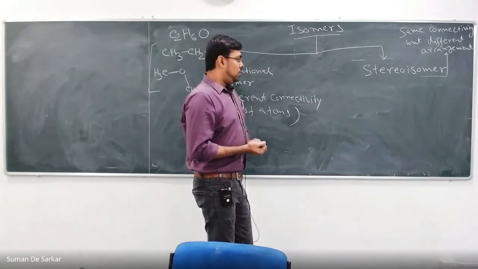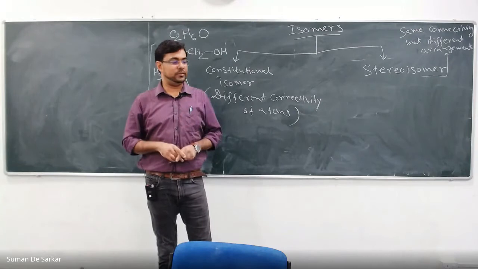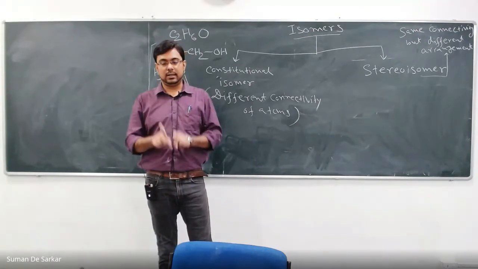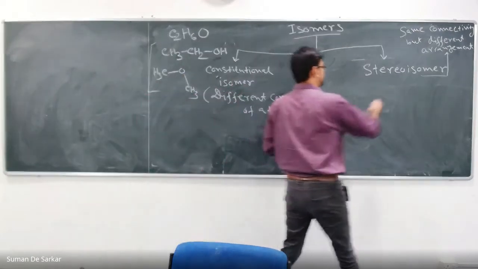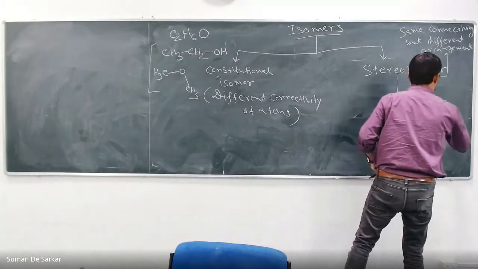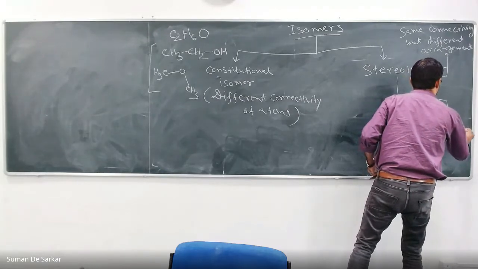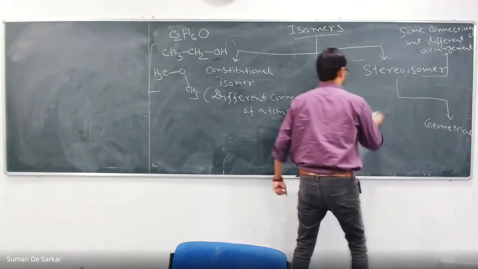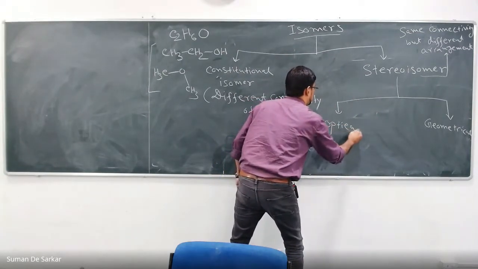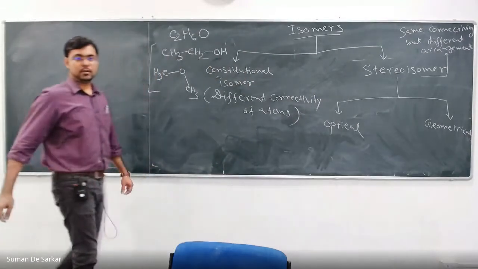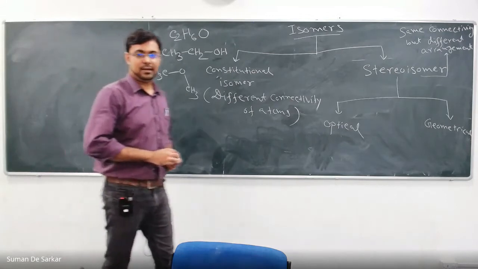Now in stereoisomers there are also divisions. There are 2 major divisions. One is optical stereoisomer, another is geometrical stereoisomer. Geometrical is more simple.